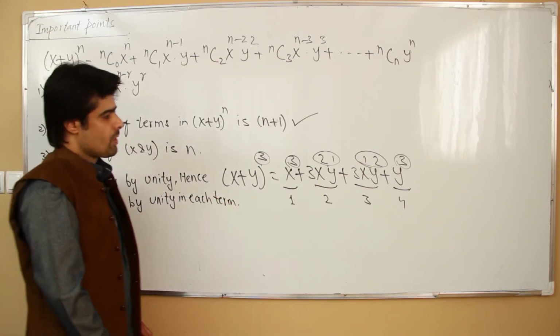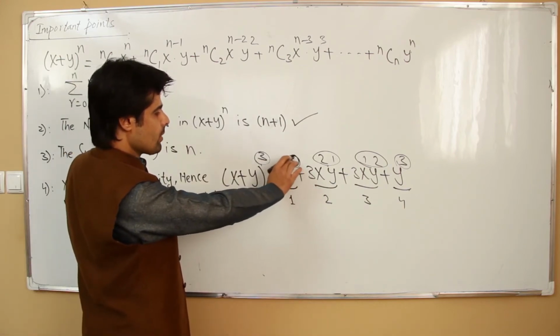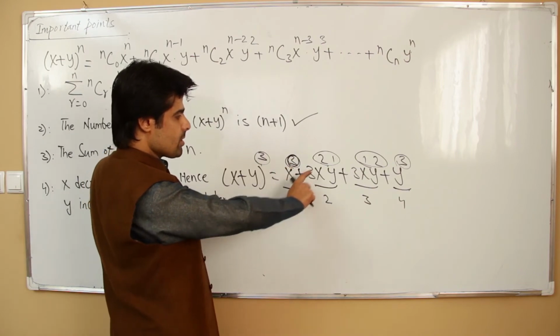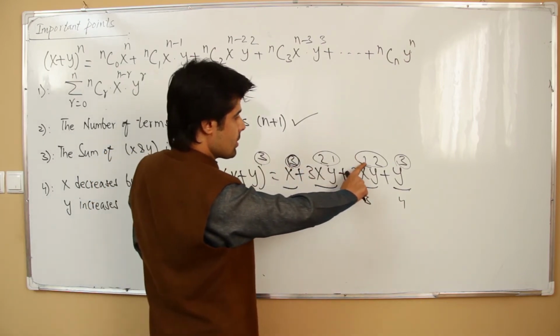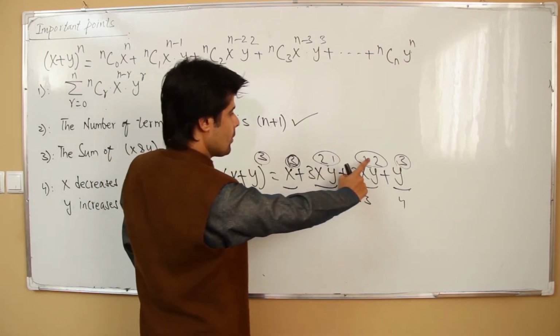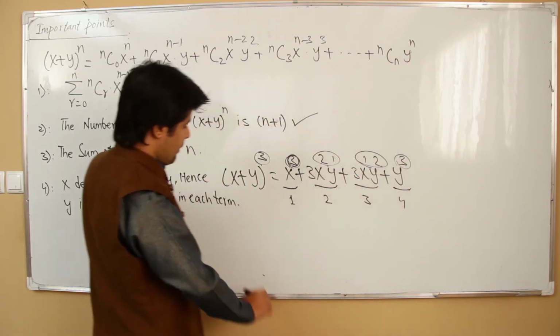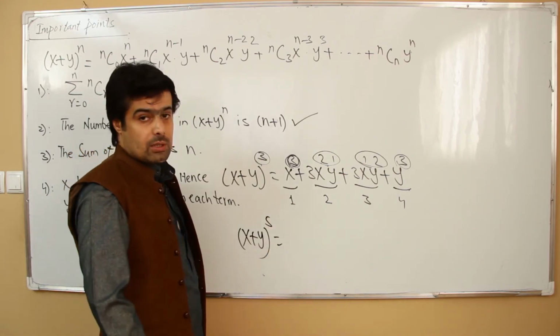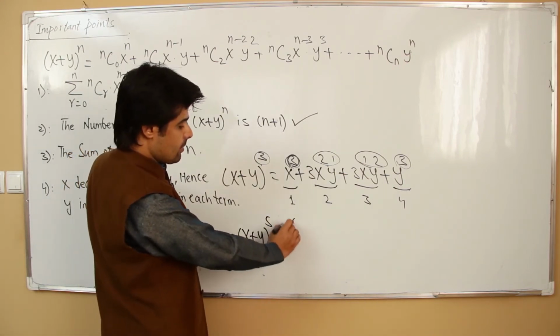What does it mean? First, we have x to the power 3. For the next terms, x decreases by unity. It's 2, it is 1 and 0. y increases 1, 2, 3. If we have (x plus y) raised to the power 5, now the terms are: first x is 5.